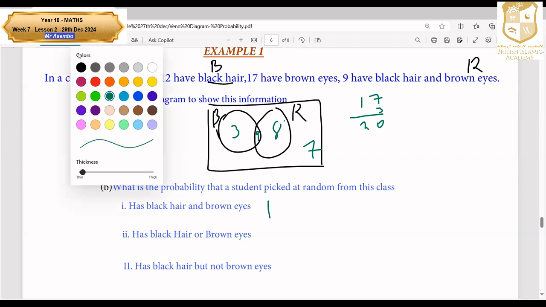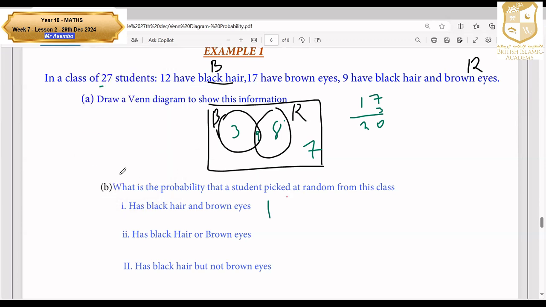So they want us to get the probability of B intersection R. Remember, we take the cardinality of B intersection R, divided by the universal set.